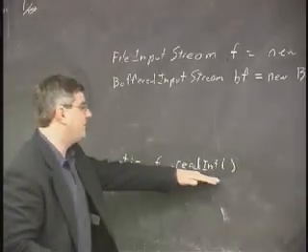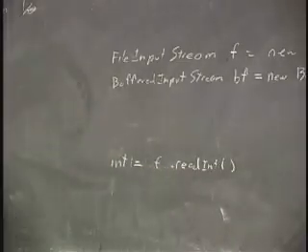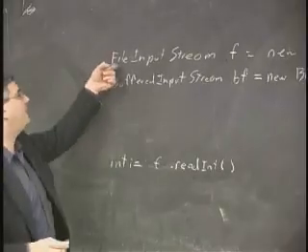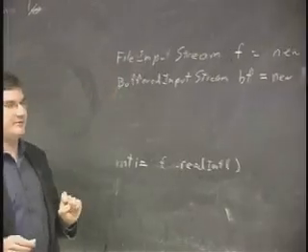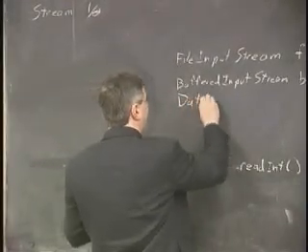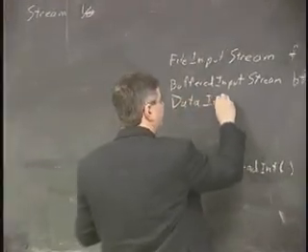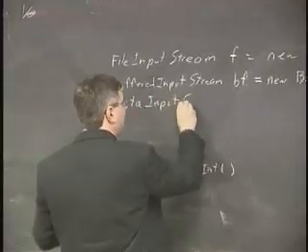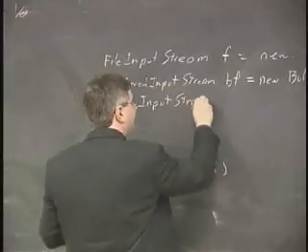And Java does indeed provide you with nice routines like that. But they're not on file input stream, and they're not on buffered input stream. They're on data input stream. Data input stream is something that takes an input stream and figures out how to do the marshalling.